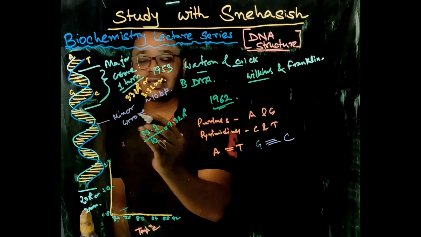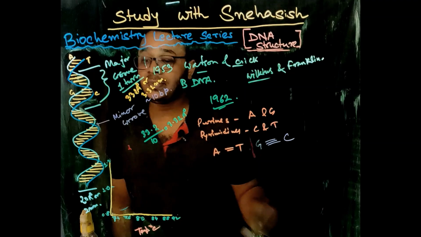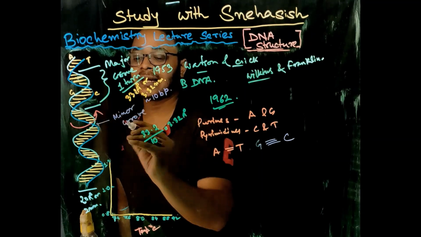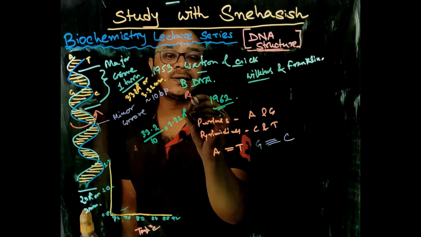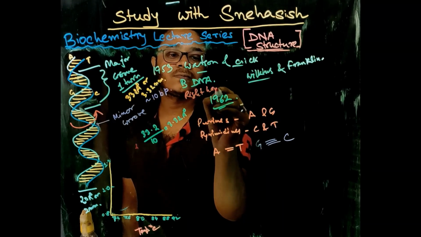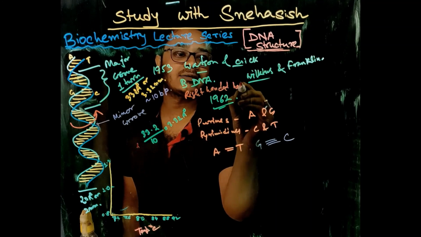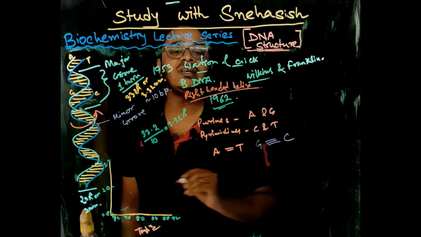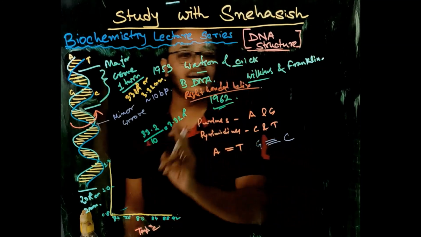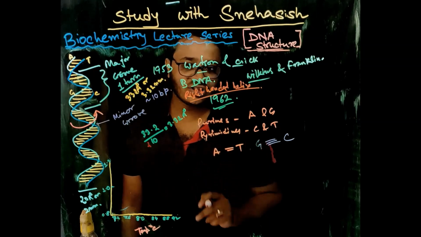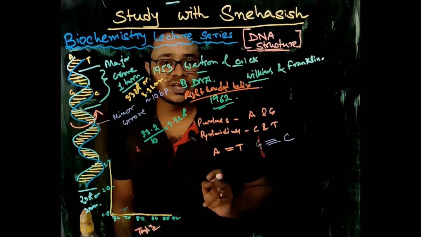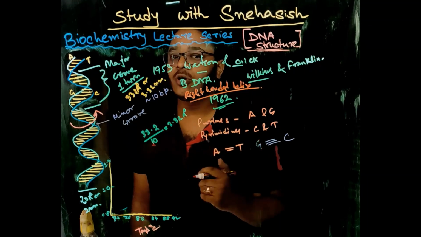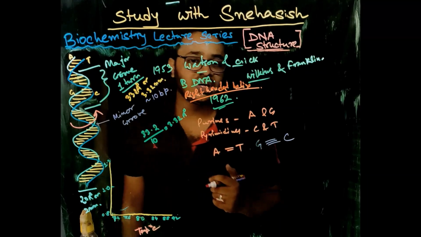The double-stranded B-DNA is right-handed, so the helix is right-handed. This is B-DNA. It is found most commonly in mammals. So it is the most common form of DNA found in natural condition.